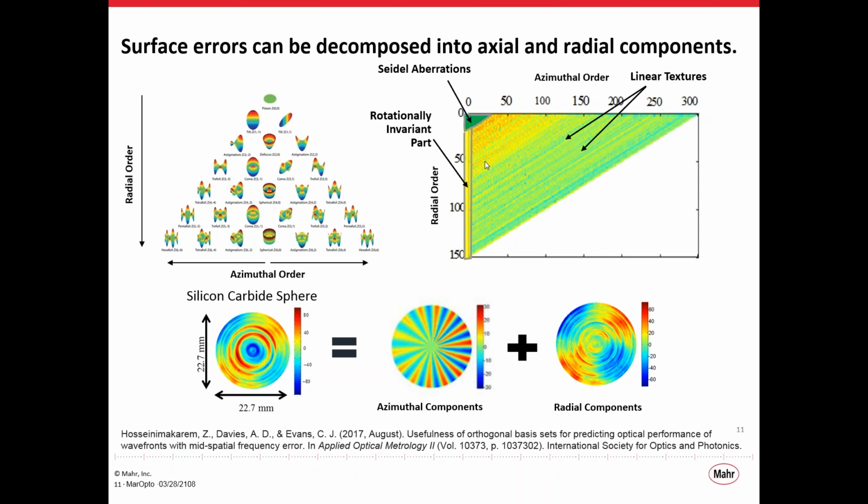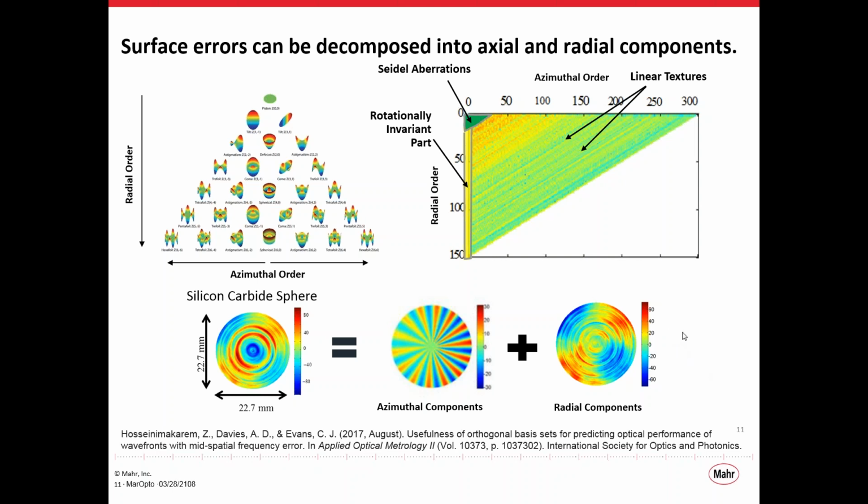to understand something about the process and about the surface. In the upper left-hand corner here are those classical Seidel aberrations that I spoke about that cause the low-frequency form errors. Along the left-hand side, those are just all rotationally invariant components of the surface error. And then in this area, there looks to be some structure.